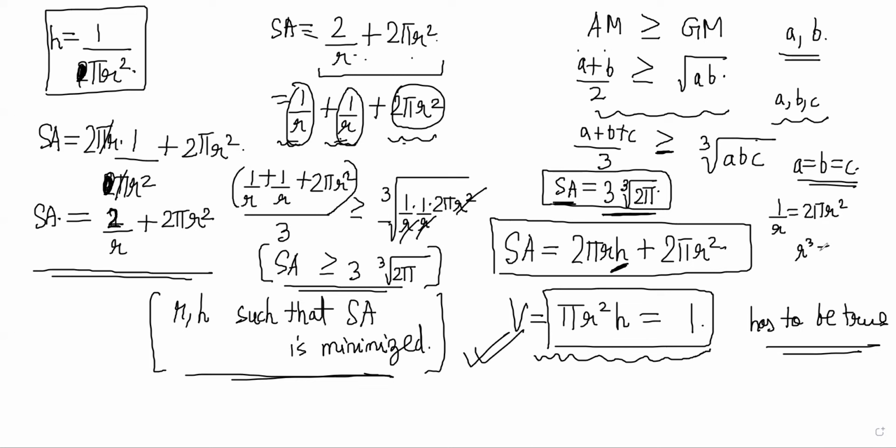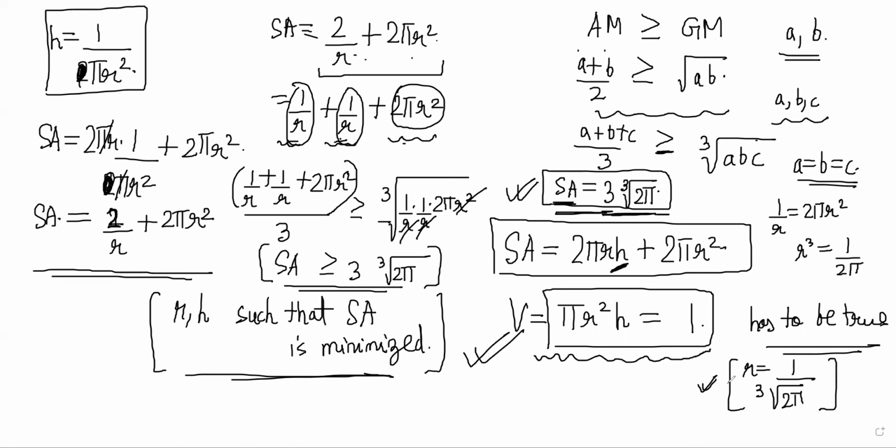You get r cube is equal to 1 by 2 pi, so r is equal to 1 by the cube root of 2 pi. It is at this radius that the surface area will become equal to this, which is the minimum possible surface area, right?